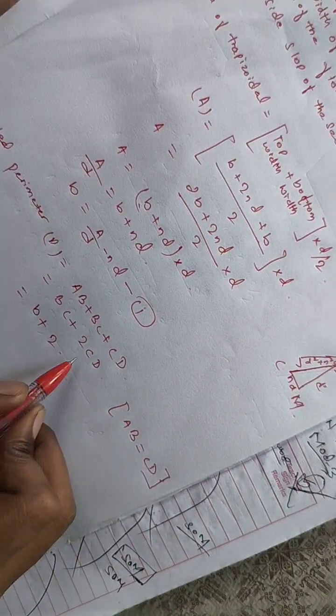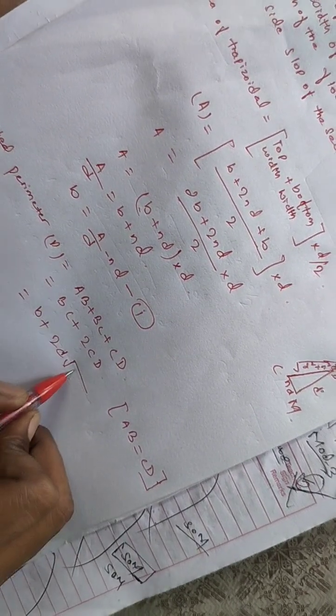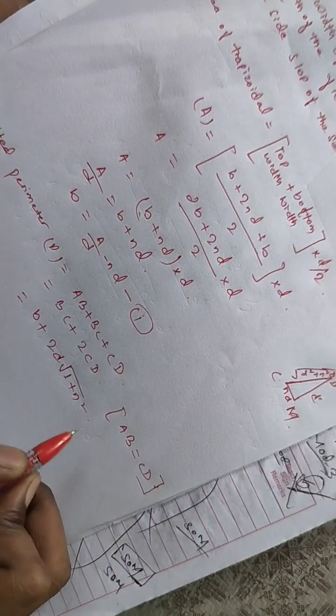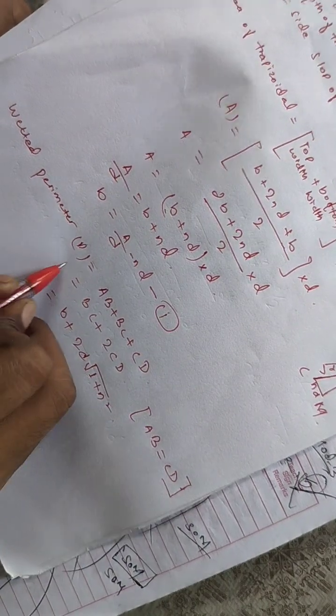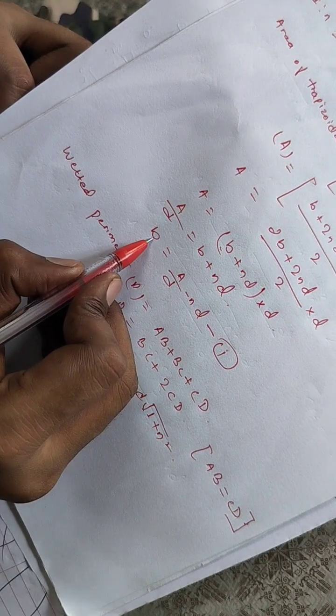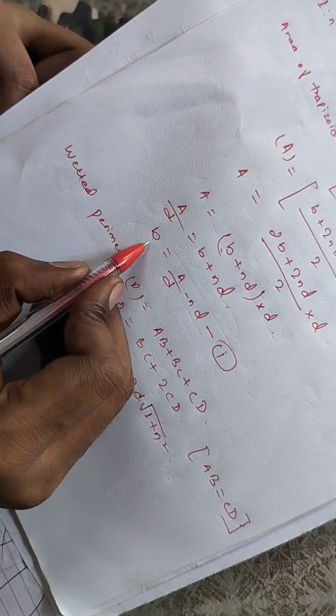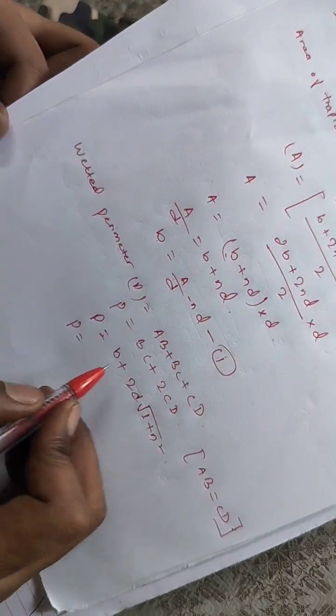Now here we can say CD is equal to D times 1 plus n square, which is P. Now substitute the value of B in this equation.